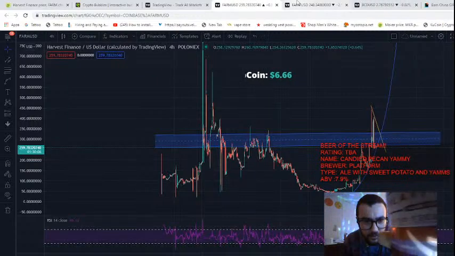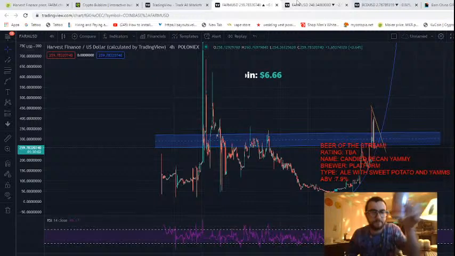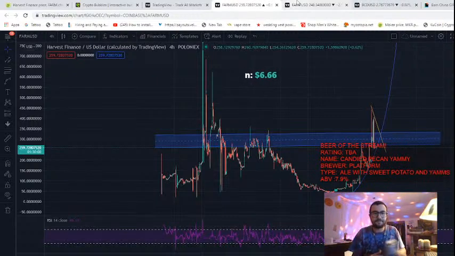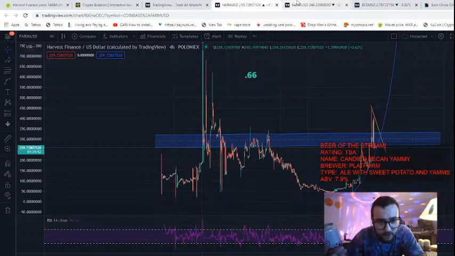Candied pecan, yummy. It's delicious. It's a 7.9. Super smooth. It's got a nice fall hoppy taste to it, but it's not bitter like an IPA. It's a little more yummy.